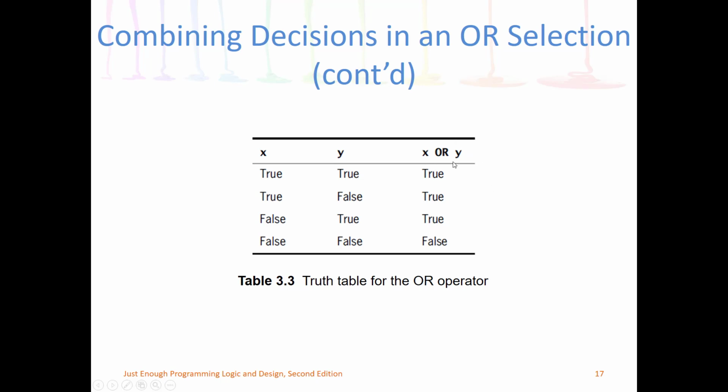The only way for this statement to evaluate as false is if both of these expressions come out as false. That's the only way. It's opposite of an and, okay, sort of. And the only way for an and to be true is if both of the expressions are true. The only way for an or to be false is if both expressions are false, right? Those are the kind of things you're going to have to get your mind around, but that's basically it. It's not very complicated.